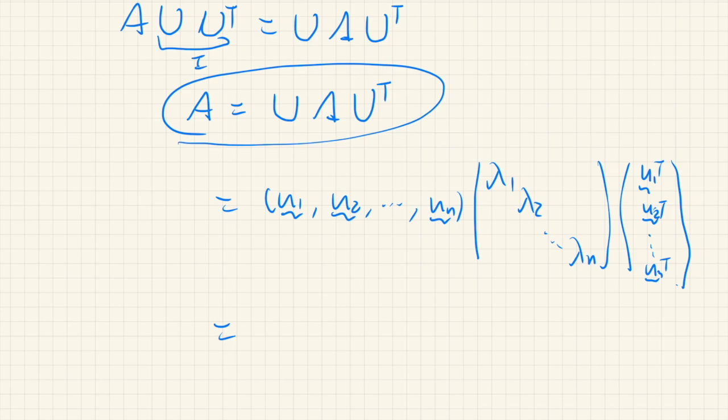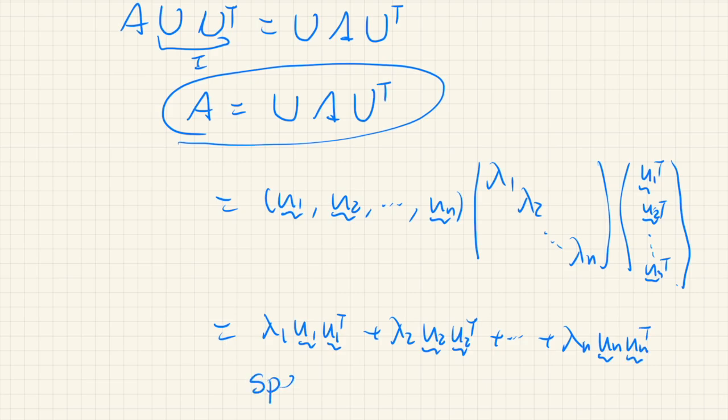So if we expand this, we have lambda 1 u1 u1 transpose plus lambda 2 u2 u2 transpose, and so on. And this way of expressing the symmetric matrix A is called the spectral decomposition of A.